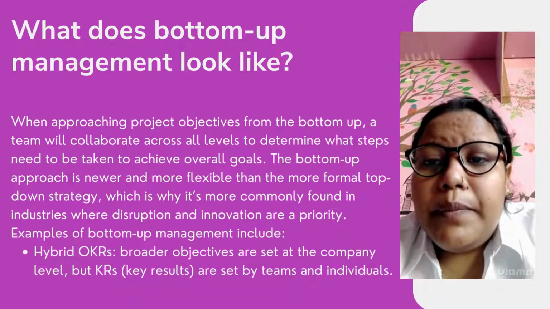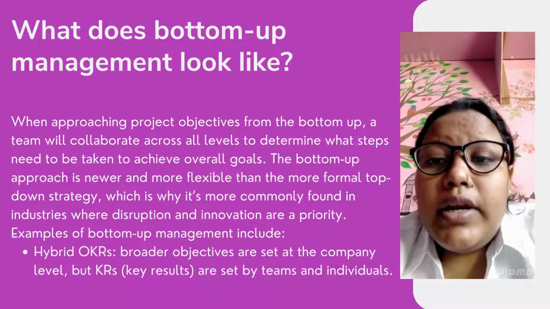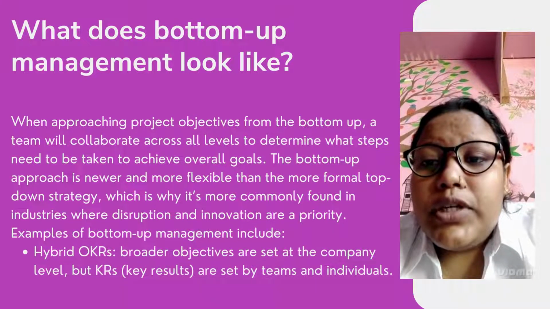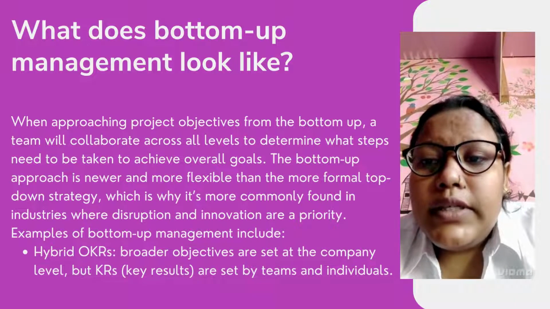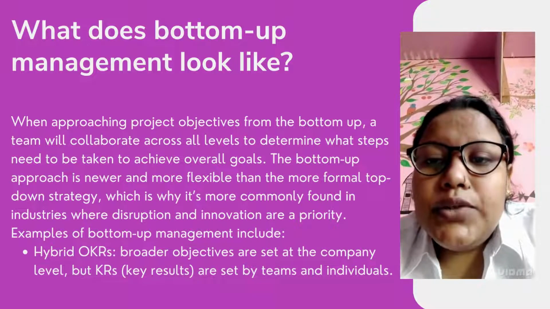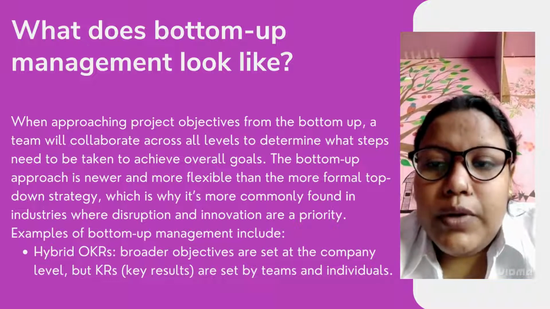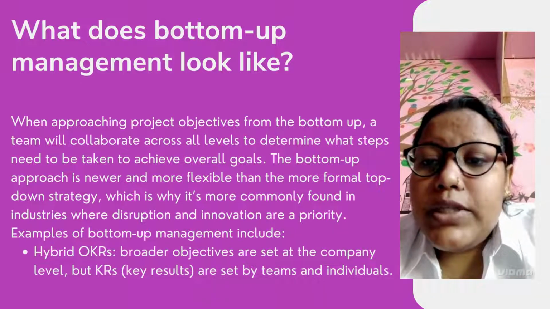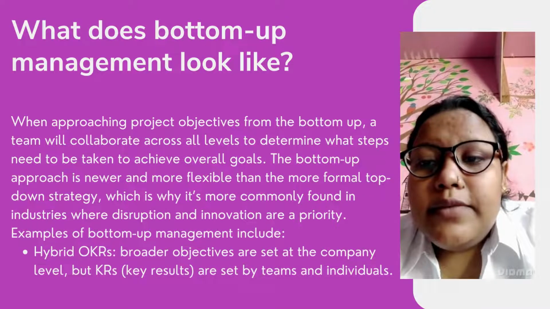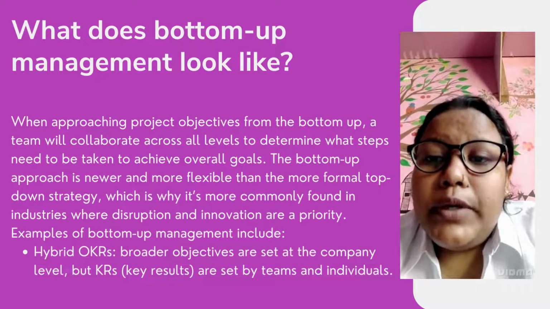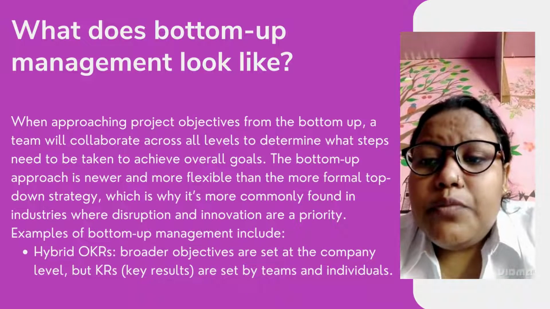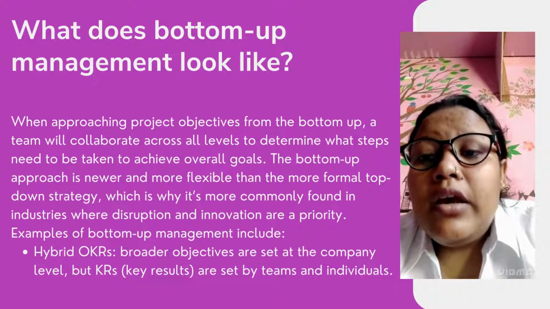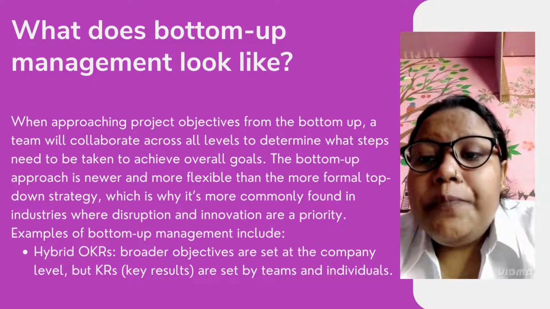What does bottom up management look like? When approaching a project objective from the bottom up, a team will collaborate across all the levels to determine what steps need to be taken to achieve the overall goal. The bottom up approach is newer and more flexible than the more formal top down strategy, which is why it's more commonly found in industries where disruptions and innovations are a priority.